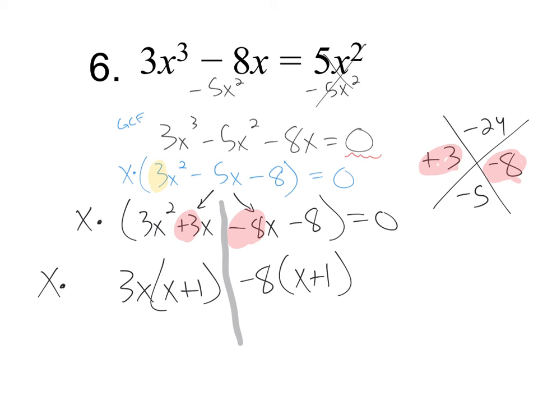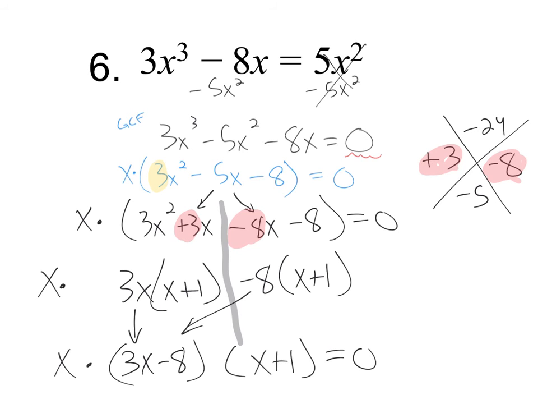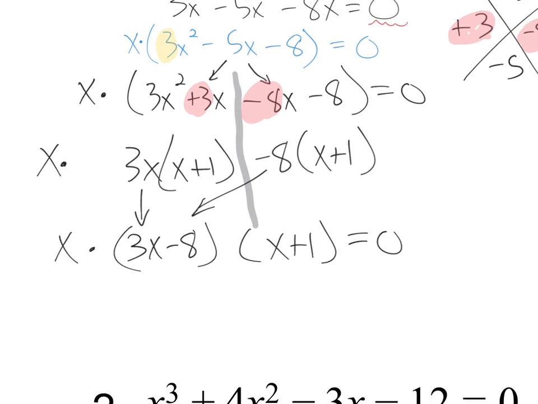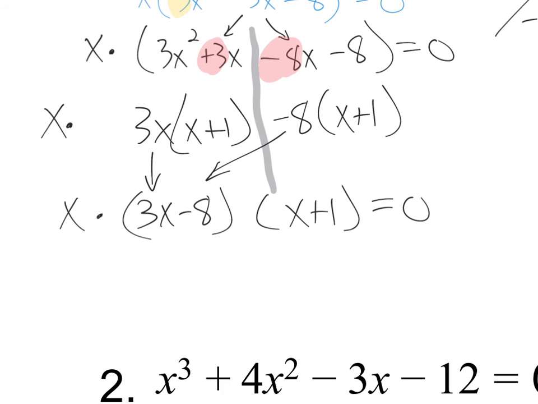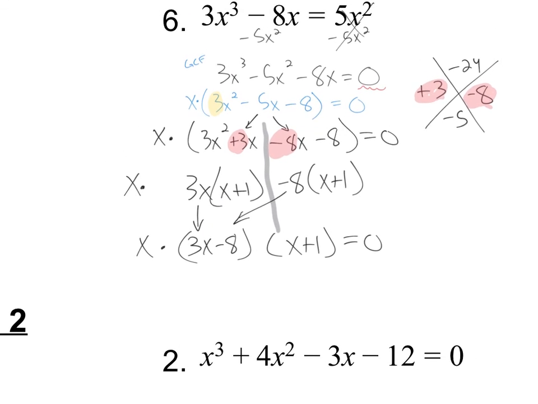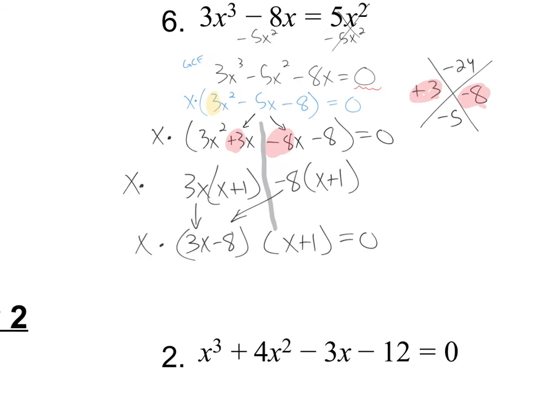Once you've found your greatest common factors from the first half and the second half, you combine those greatest common factors in a set of parentheses. So here we have 3x minus 8 and also the x plus 1. Here we have our 3 factors now. Remember, we took the greatest common factor out early on, factoring out the x.